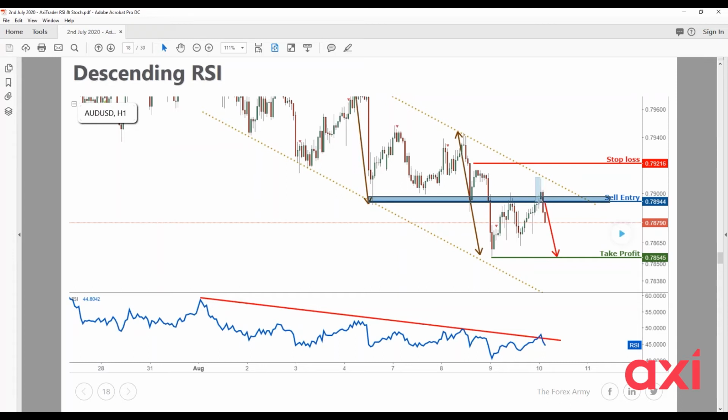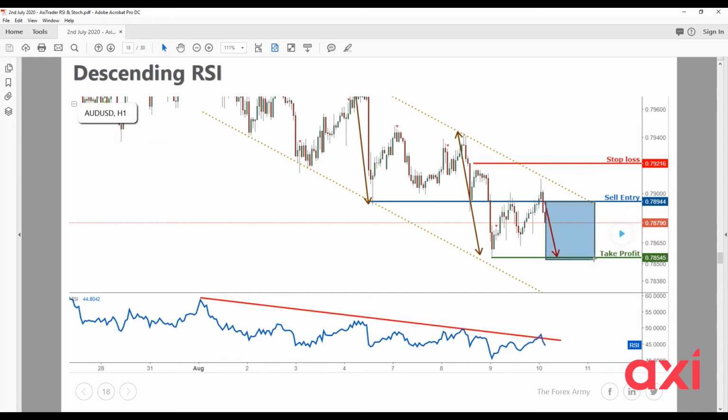So this is like a shooting star kind of formation, along with a nice channel resistance and overlap resistance, correct? At the same time, RSI has been descending and holding prices pretty nicely. So this to us was a fake out, and we should expect prices to drop much further from here.